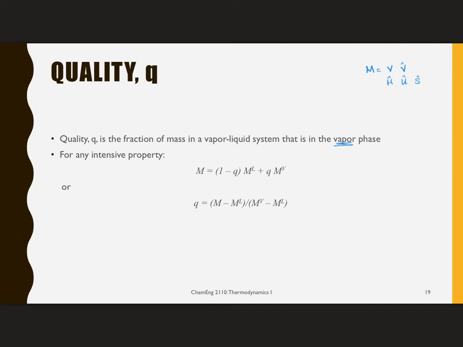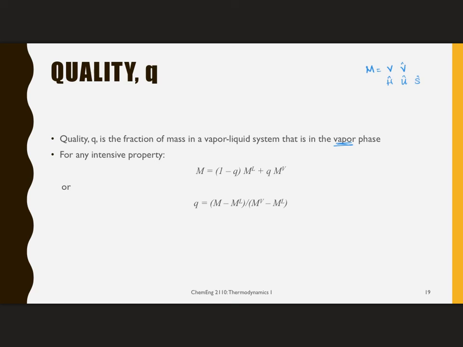But for one of our properties that is in the table, I could use any of these with the same definition, all right? And so this is great. It just says the amount that's in the liquid phase times the property value of the saturated liquid plus the amount that's in the vapor phase times the amount of that quantity for the saturated vapor.